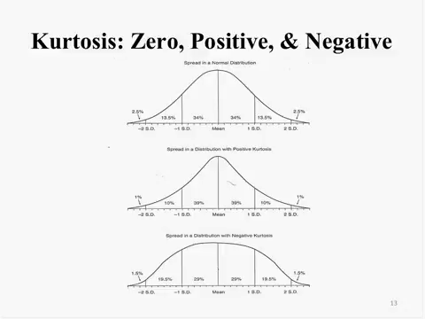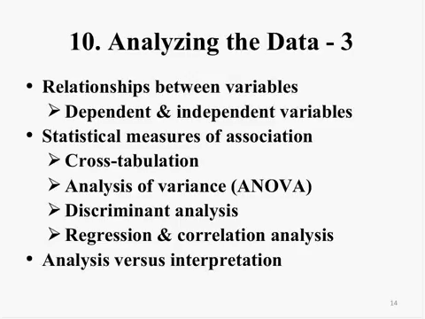Moving on to slide number 14, we're talking about the relationship between variables. Now, we talked about this in an earlier presentation. You've got dependent and independent variables. And you'll recall, if you participated in that webinar, that an independent variable has an influence on a dependent variable.